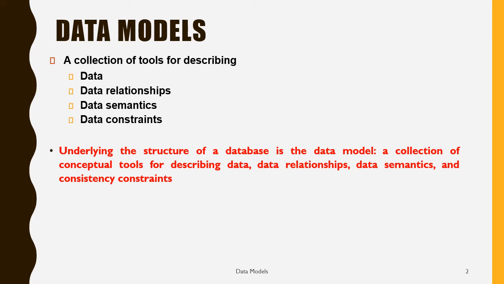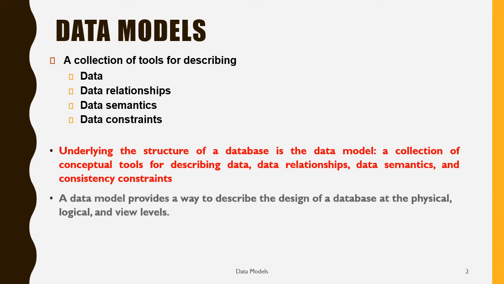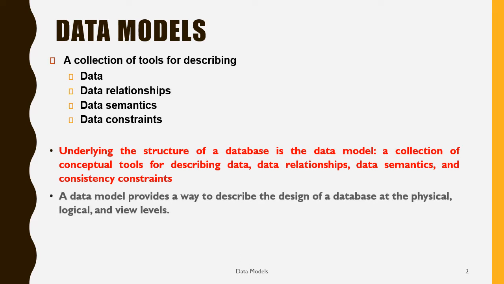The underlying structure of a database is the data model. So a collection of conceptual tools for describing data, data relationships, data semantics, and consistency constraints can be considered as a data model. A data model provides a way to describe the design of a database at the physical level, logical level, and view level.